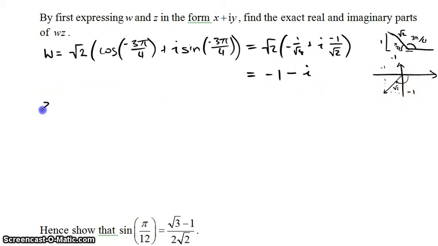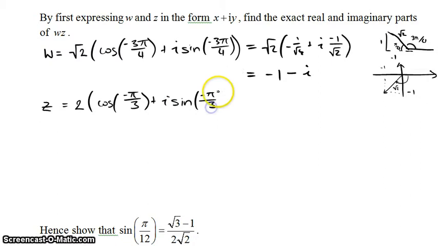What about z? z is going to be 2 times cosine of its argument, minus pi upon 3, plus i sine of minus pi upon 3. And again, I'm going to make use of my triangles here. So what is minus pi upon 3?